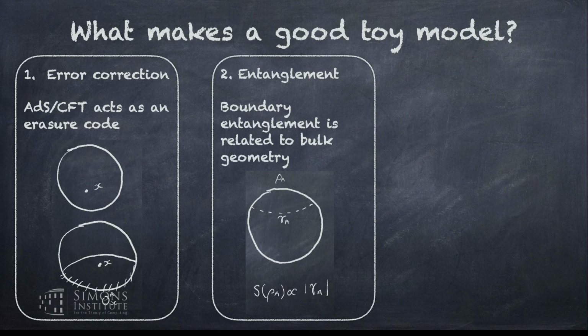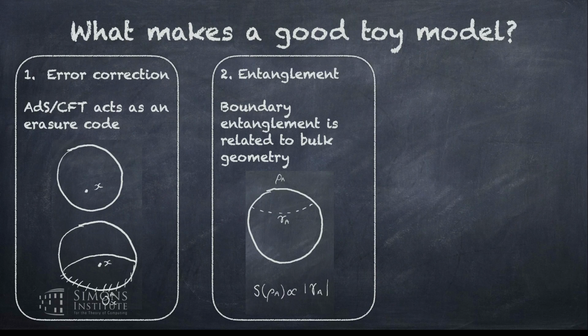This formula says that the entanglement entropy of a state living on a particular boundary region is proportional to the length of this geodesic here, where again this geodesic goes through the bulk and bounds this boundary region. Okay, so these are two places where quantum information theory and AdS-CFT intersect.